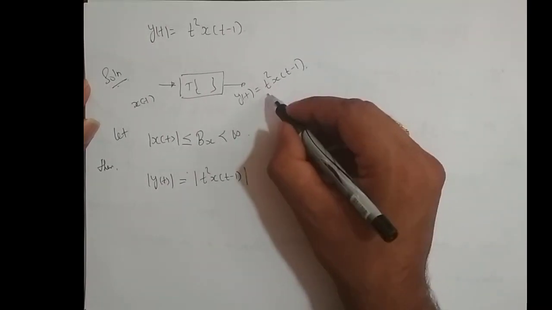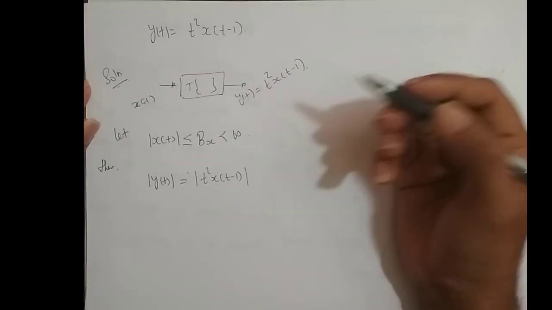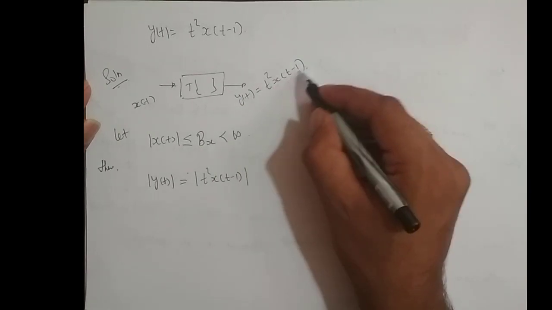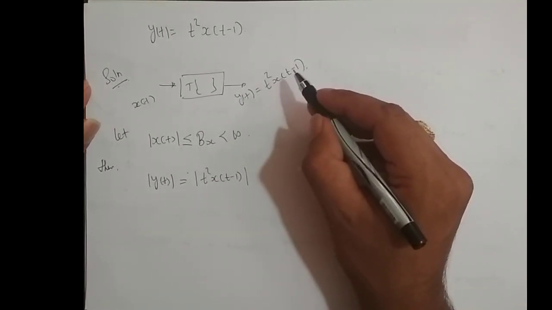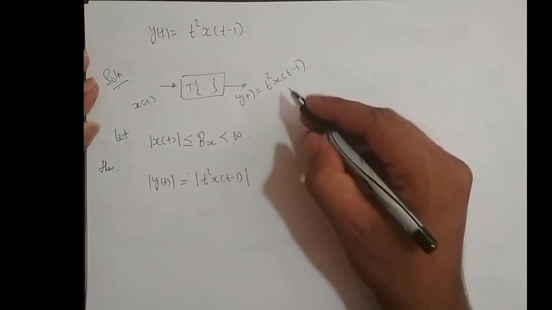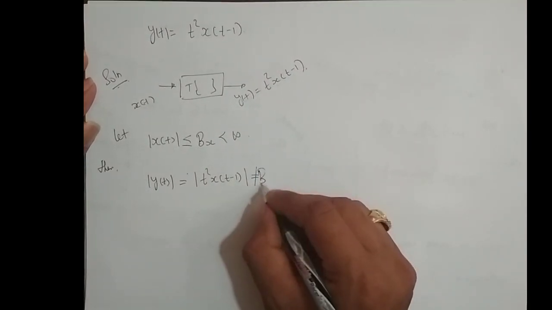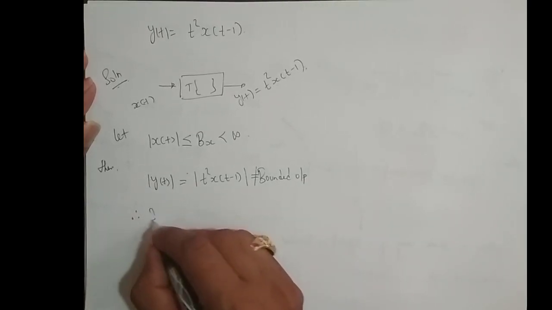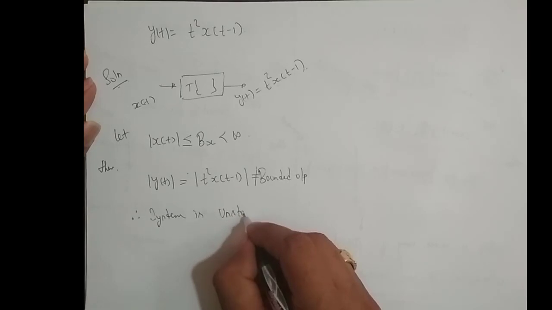Now since we have t square, when t goes to infinity, infinity square is infinity. When t goes to minus infinity, minus infinity square is infinity, right? Even though x of t minus 1 at t equal to infinity or minus infinity is finite, that is, bounded, t square is infinity. So this is actually not a bounded output. Therefore, system is unstable.